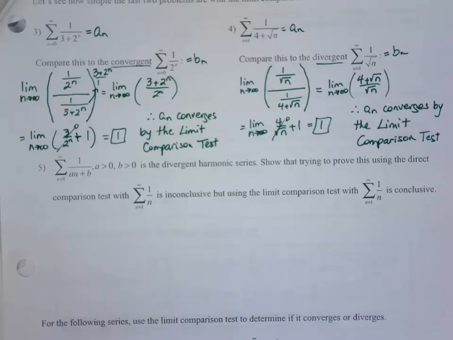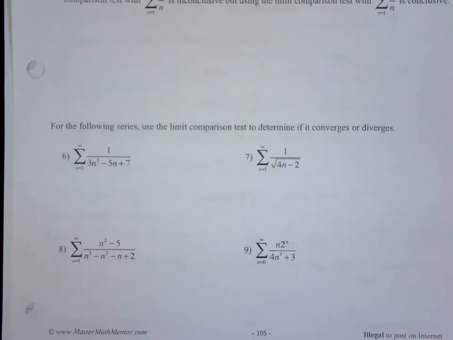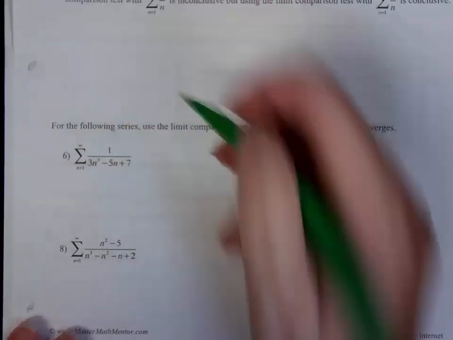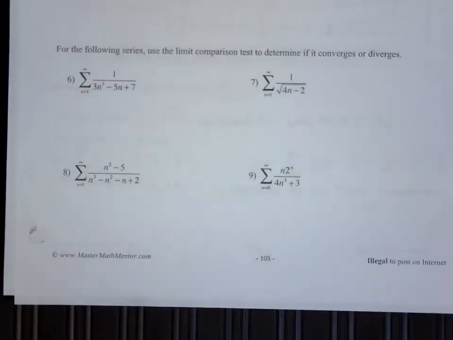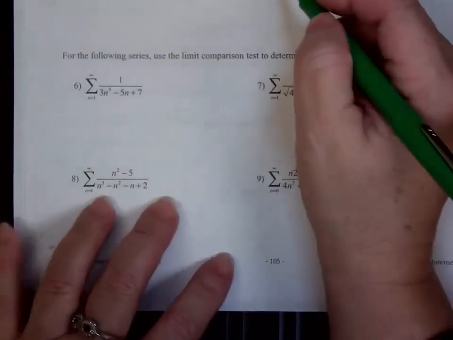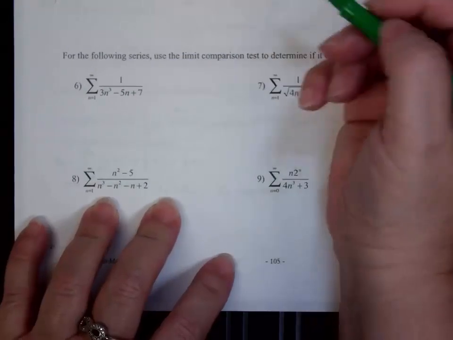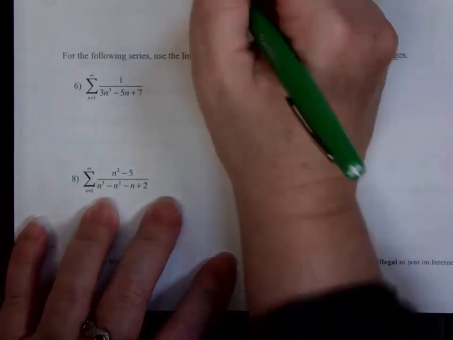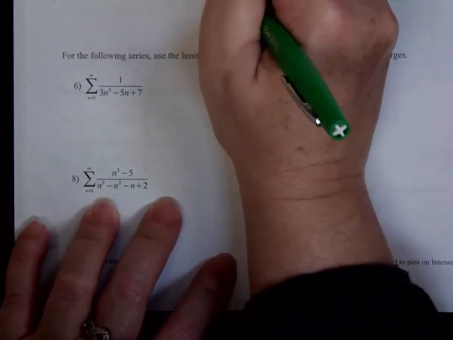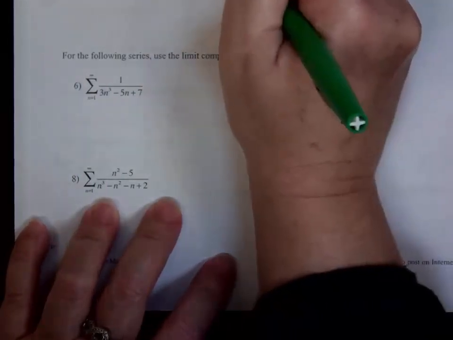All right, let's skip number 5 and move down to the bottom of the page at number 6. Now, you're going to have to figure out which series to compare the ones to. Since I'm not doing 5, I'm going to use this area to write down the 4 main choices. 1 over n was one of them, and it diverges.